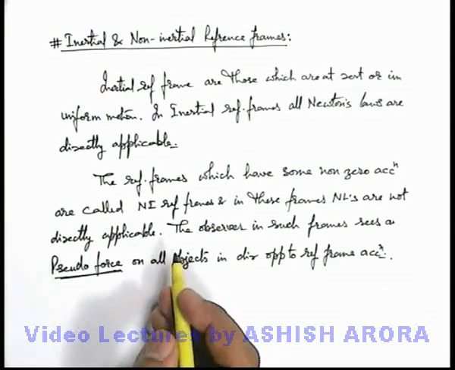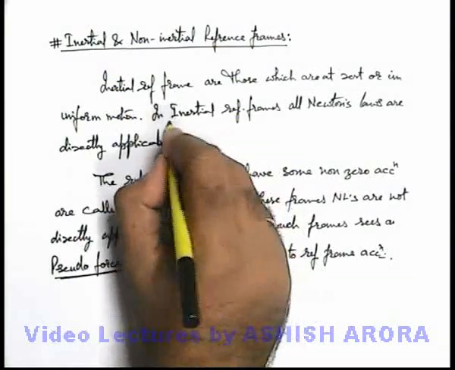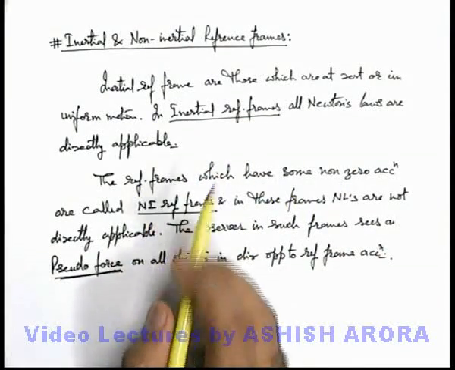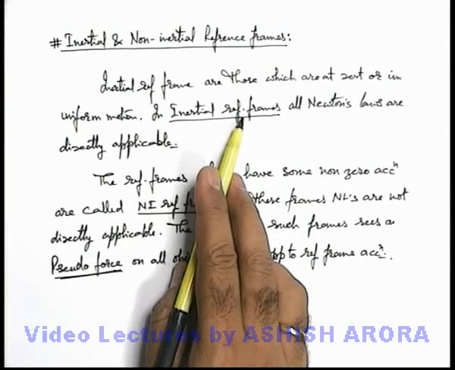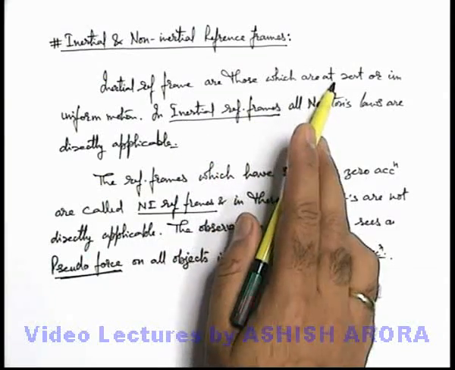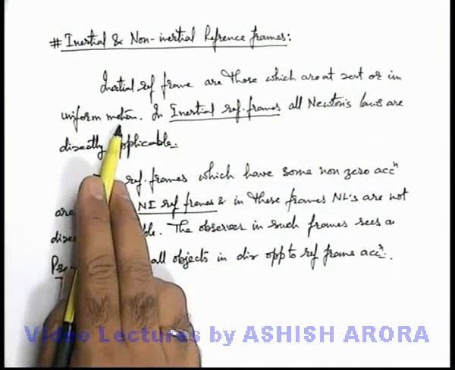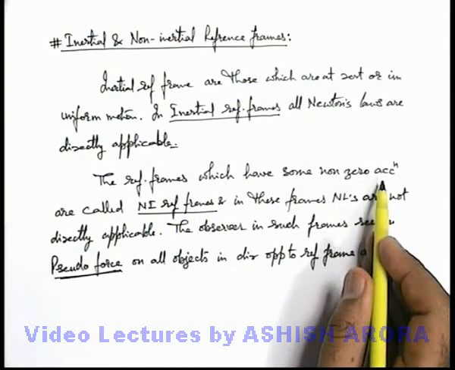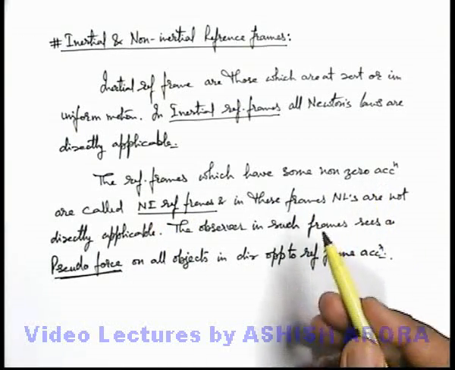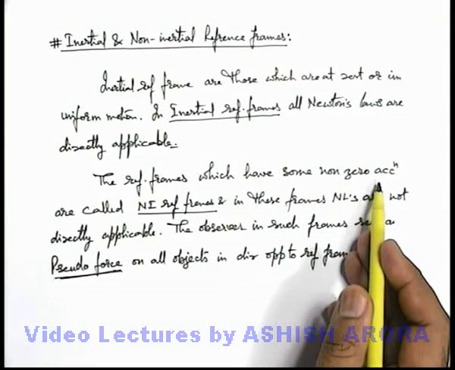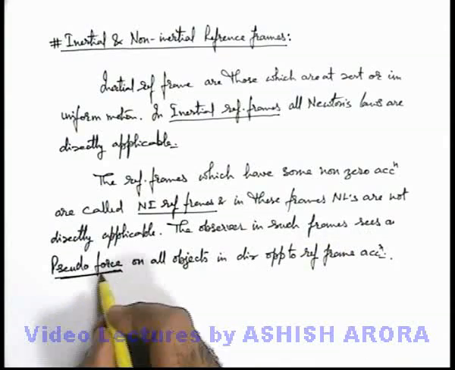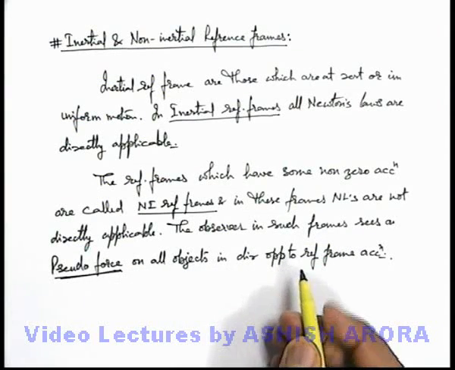So this is the basic difference between inertial and non-inertial reference frames. Inertial reference frames are those in which the observer is either at rest or in uniform motion, and non-inertial frames are those which have some non-zero acceleration. And if an observer has non-zero acceleration, we already studied that such an observer sees or feels that a pseudo force in the opposite direction is acting on the object.